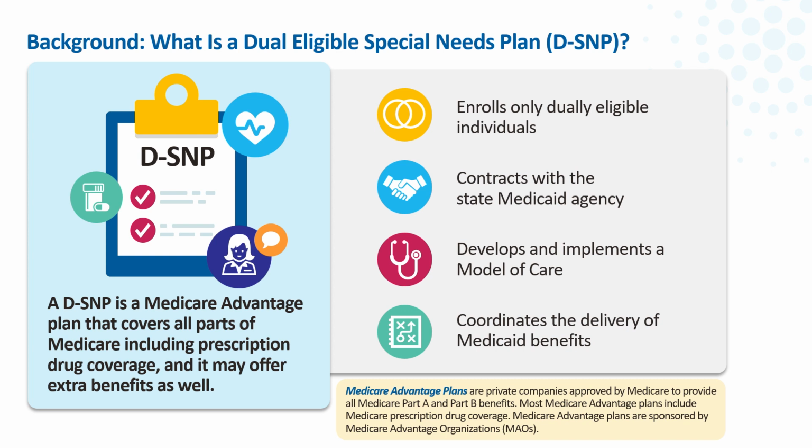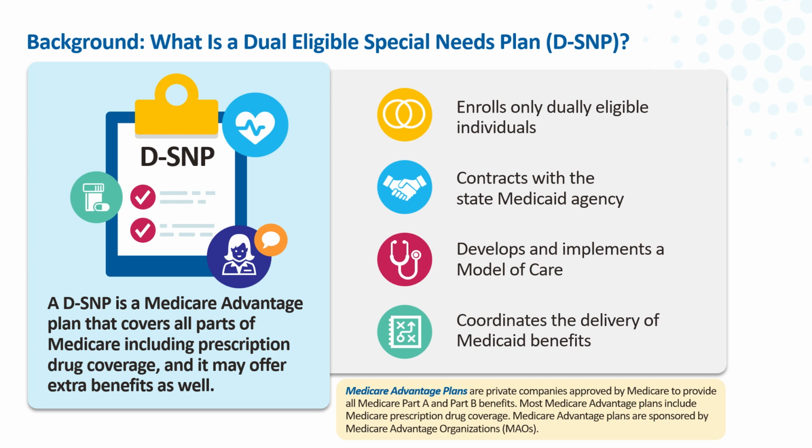D-SNPs are also required to have contracts with the Medicaid agency in the state where they will operate. States may use this contracting authority to add requirements to their D-SNP contracts that advance Medicare and Medicaid alignment. However, it is important to note that states are not required to contract with D-SNPs.